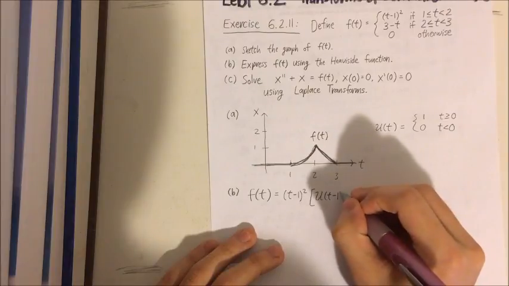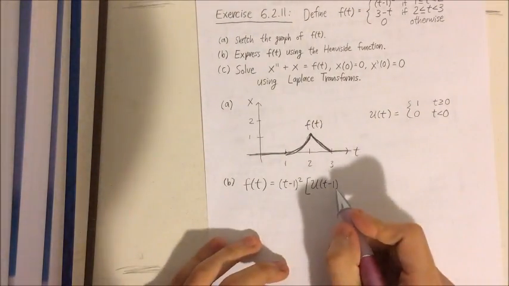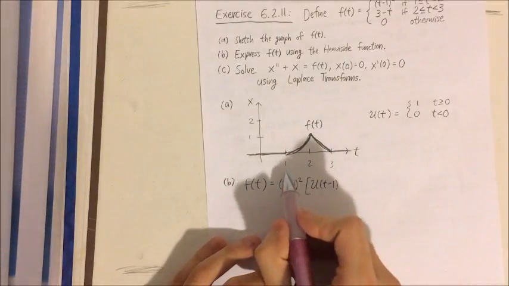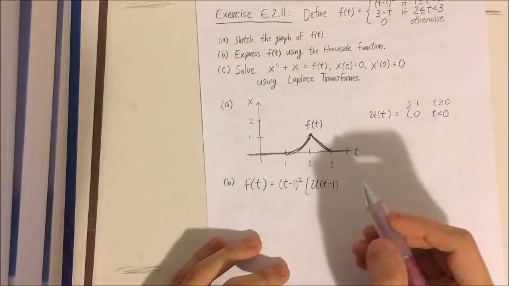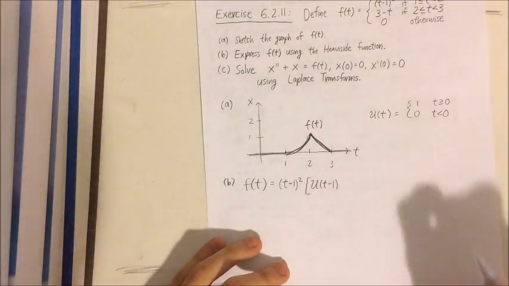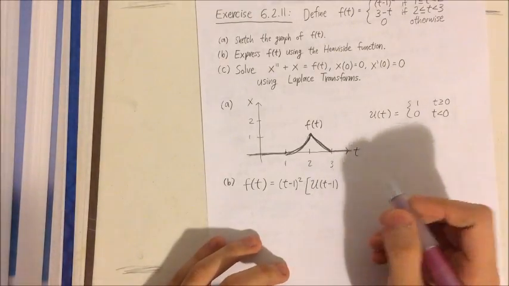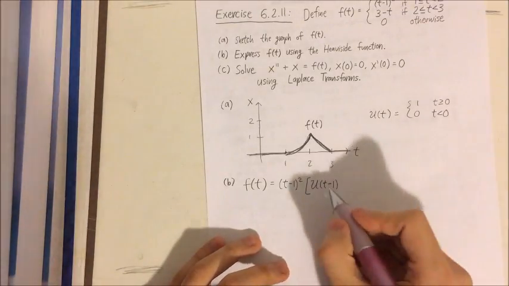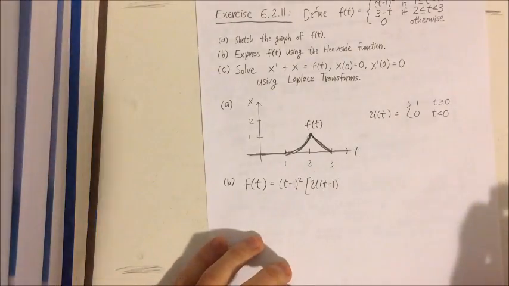So we write u of t minus 1. Because what happens at t minus 1? When you're below t equals 1, then t minus 1 is less than 0, so it's going to be 0. And when you're at or above t equals 1, then t minus 1 is greater than or equal to 0, so this is going to be 1, so this is going to be turned on.